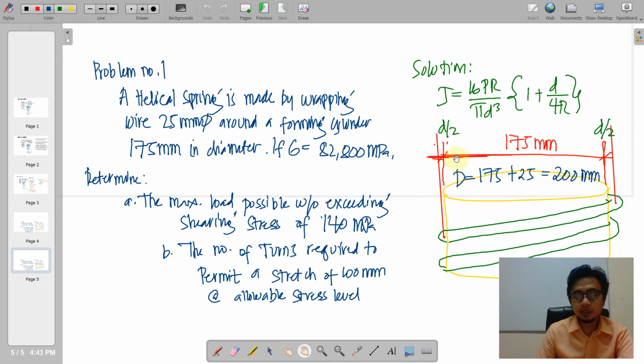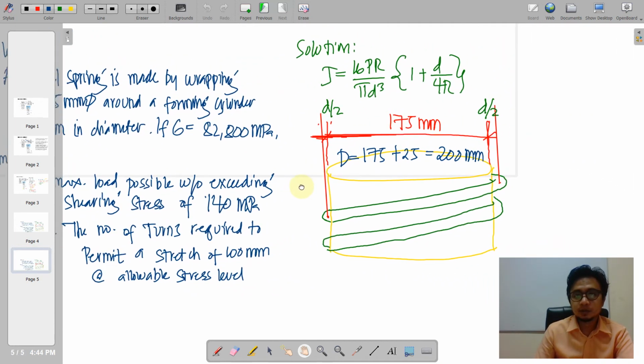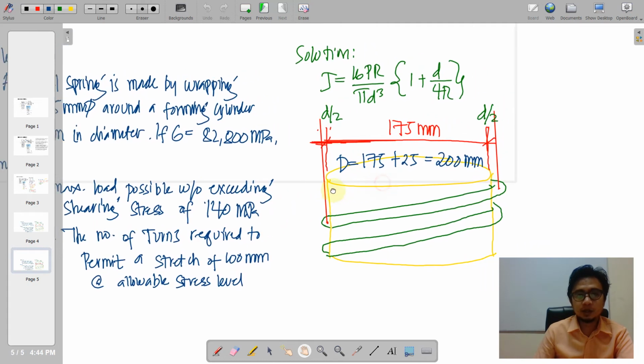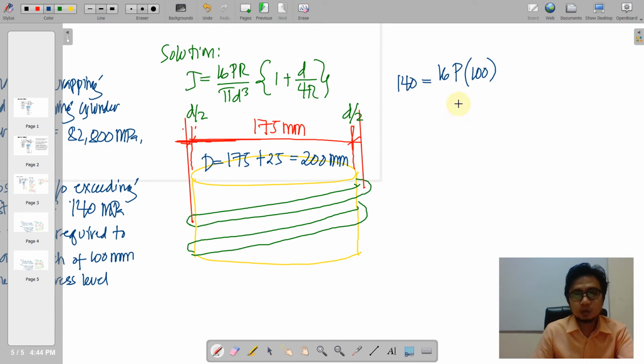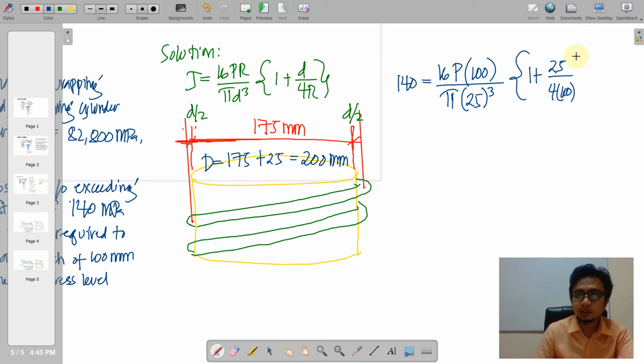So by this we can now proceed with this formula. So allowable here is 140. This one is equal to 16P times 100, or half of that 200, all over that denominator, times the quantity plus this expression.